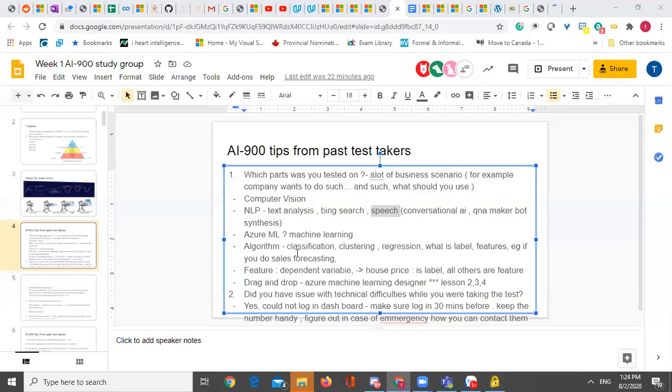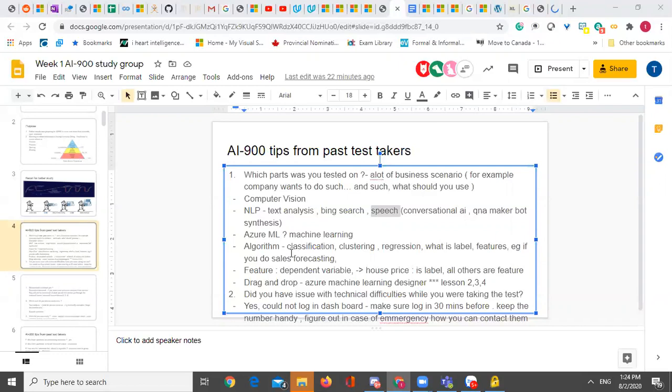Okay. So algorithms: classification, clustering, regression. Oh, hi Kennedy. We are talking about the interview that I had this morning with Sandeep, who took the AI-900, and I'm going through my discussion with him, the highlights, and what we should adjust to better prepare for the exam.